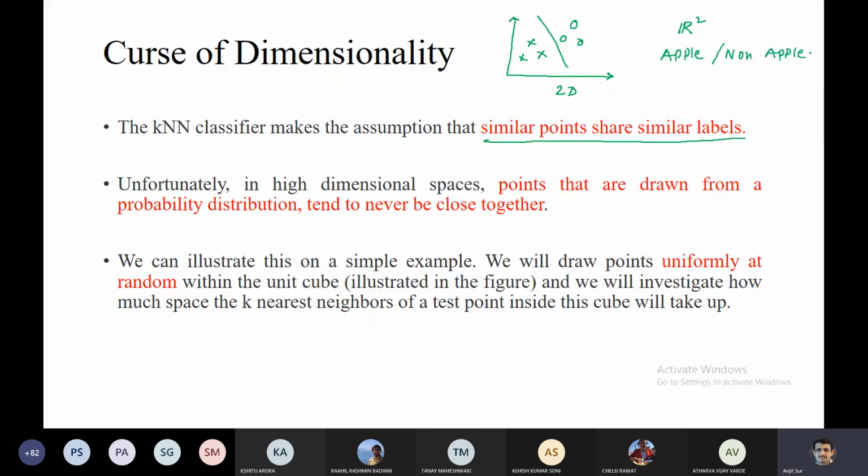What is our normal thinking? If the number of features is high, then we can get better classification.